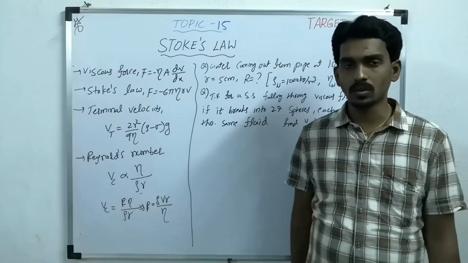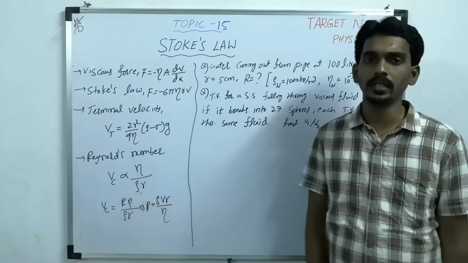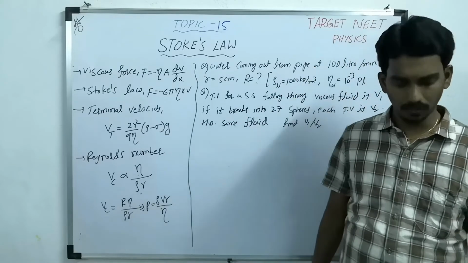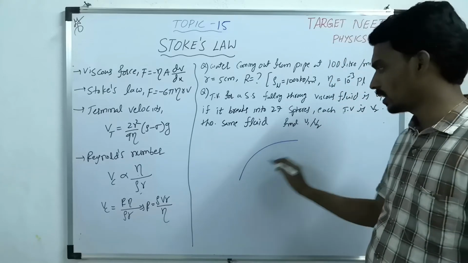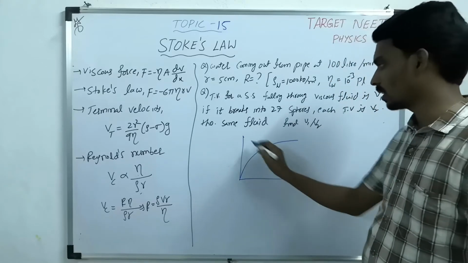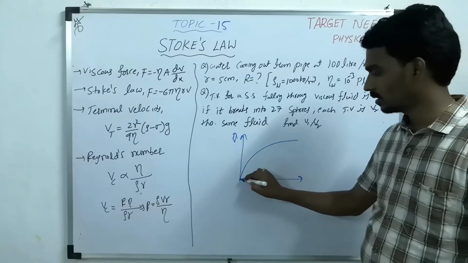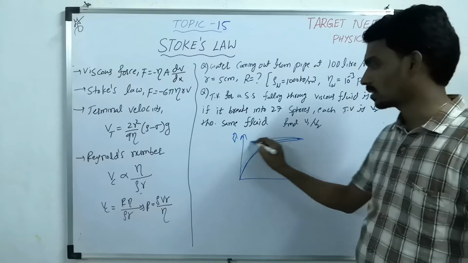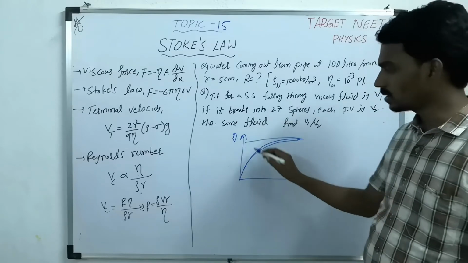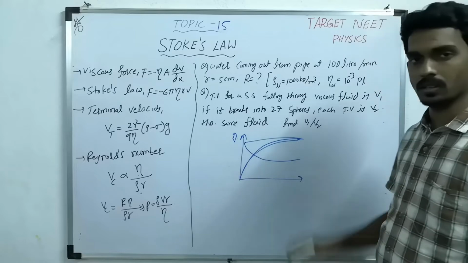Now based on this Stokes law, consider the same spherical body moving through the liquid. Suppose you drop it, then the speed slowly increases. If you draw the graph of speed, the speed increases and becomes constant. Or else if you throw it with a greater velocity, it decreases and becomes constant.